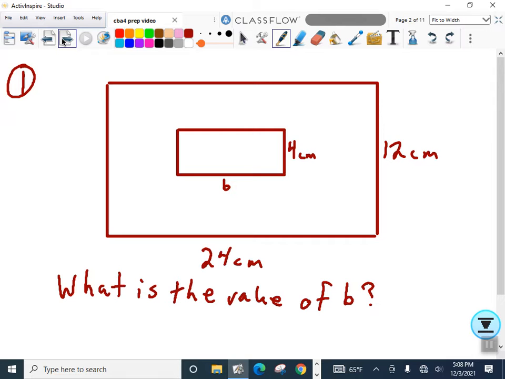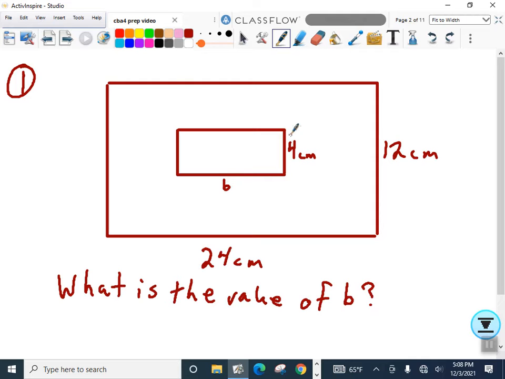4 times a proportion will give you 12. So if we want to know what the value of B is, then we can use that proportion and 24 to help figure out what B is. So here's what I mean.